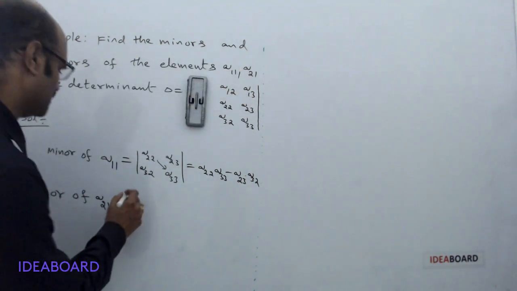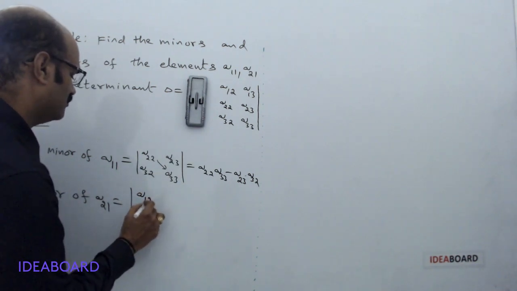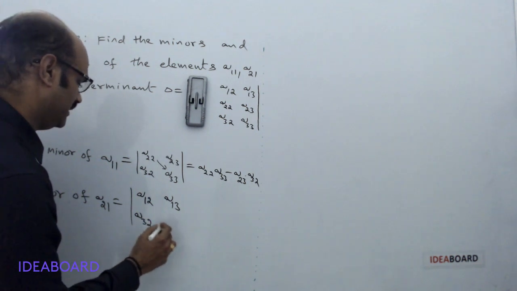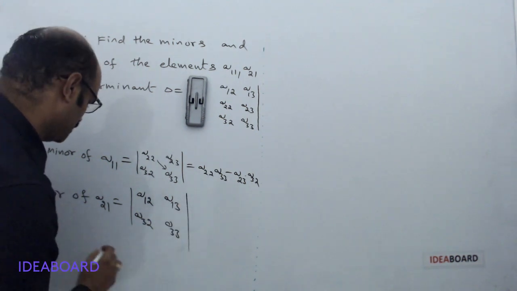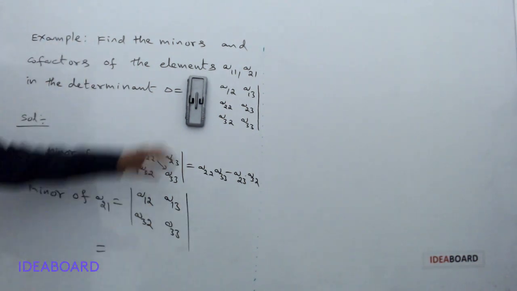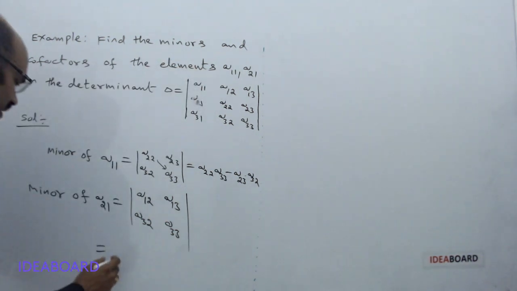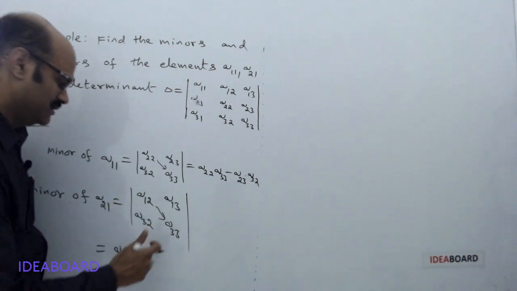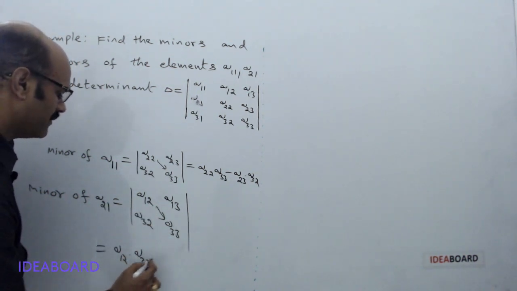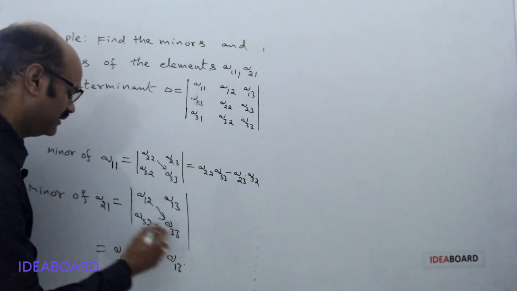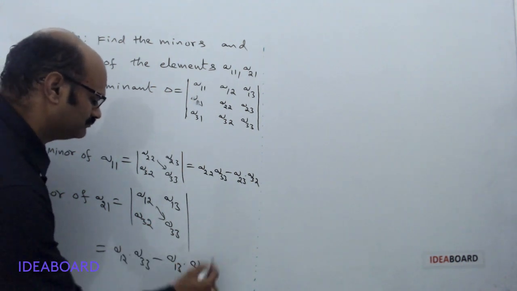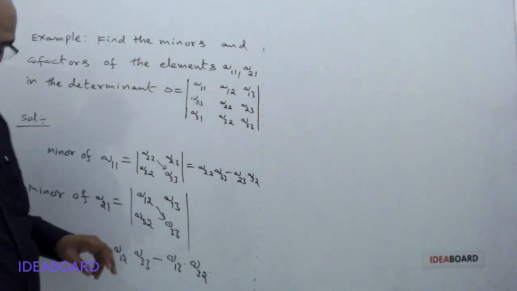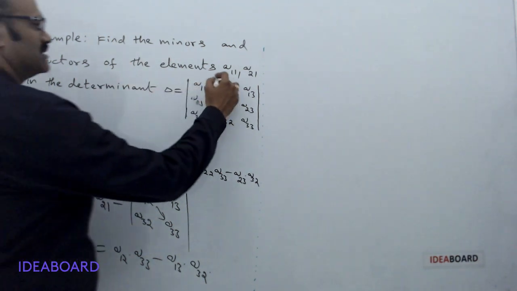The remaining four elements are A12, A13, A32, A33, equal to A12 into A33 minus A13 into A32. Now we got the minors of these two elements.